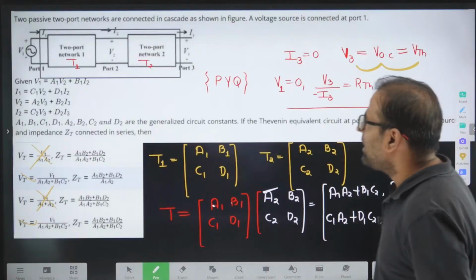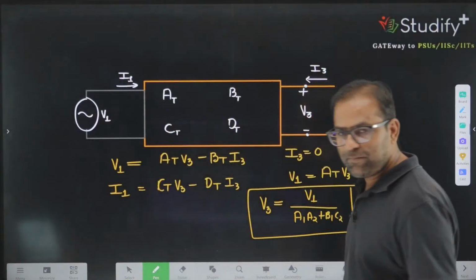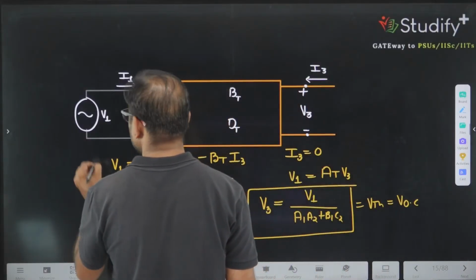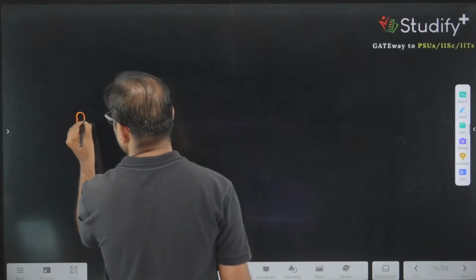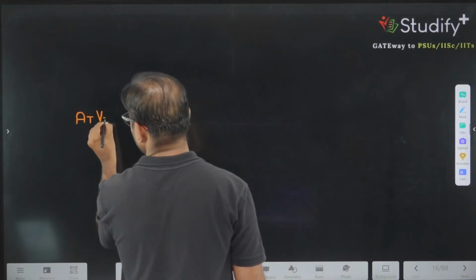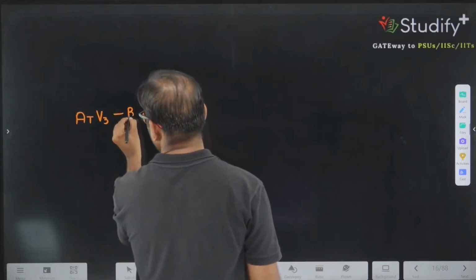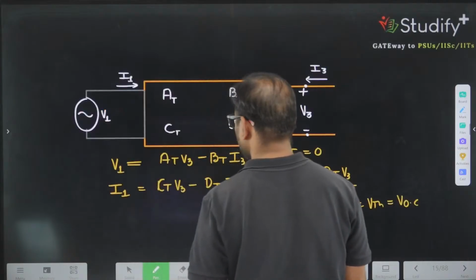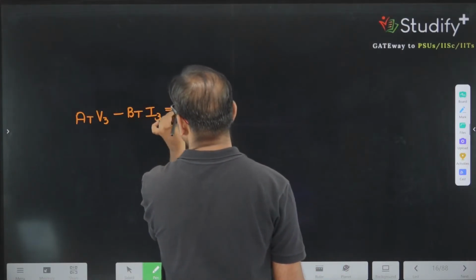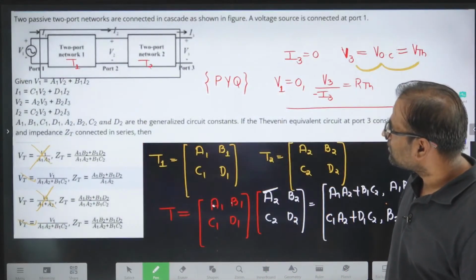So let's put V1 equal to 0 in both the equations. The first equation becomes AT into V3 minus BT into I3 equivalent to 0. Correct?